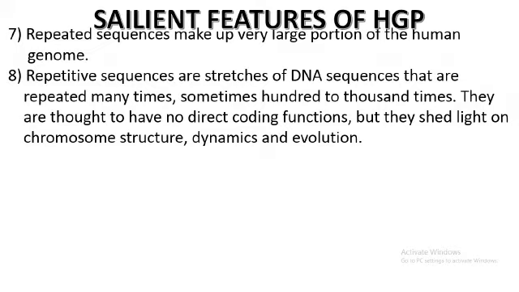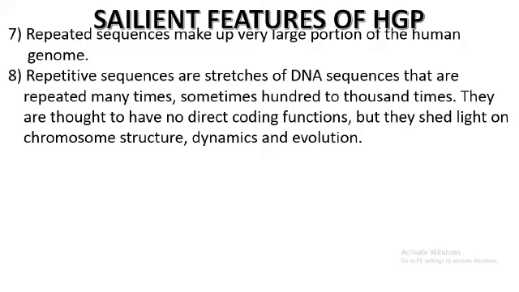I was telling you earlier that less than 2% of the genome codes for protein, and the remaining 98% is present. Why? Might be these are the repeated sequences of DNA, repeated 100 to 1000 times. So what is the role of this? They do not code for any protein. They don't have any function as far as synthesizing protein is concerned.